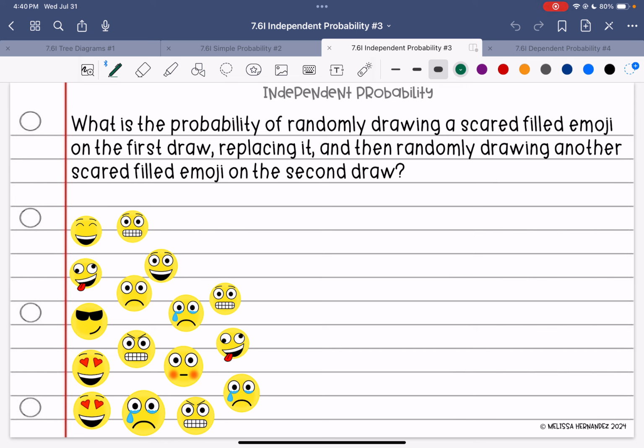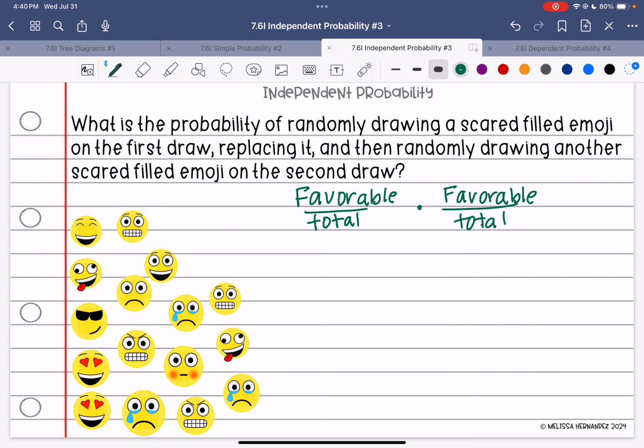So we still go back to what is probability. It's favorable, what you want, over your total outcomes. Now, when it's compound, you have to multiply both events. Now, if it's independent, your totals will not change because you take it out, but you put it back in.